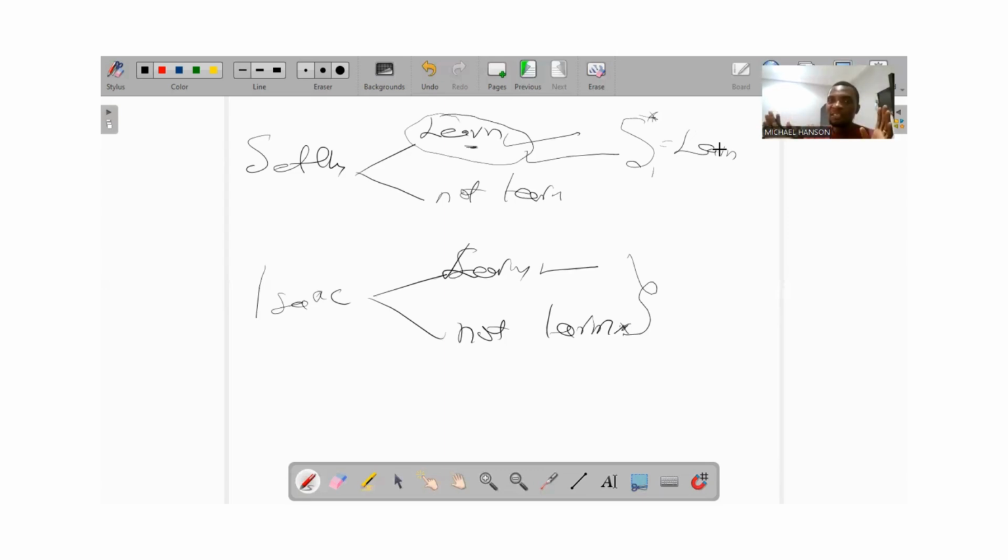For whatever reason, he will no more consider the decision of Isaac. That's what we define by a dominant strategy. It's the best response. It means that learning, according to Seth, gives him higher payoffs, no matter what Isaac does.